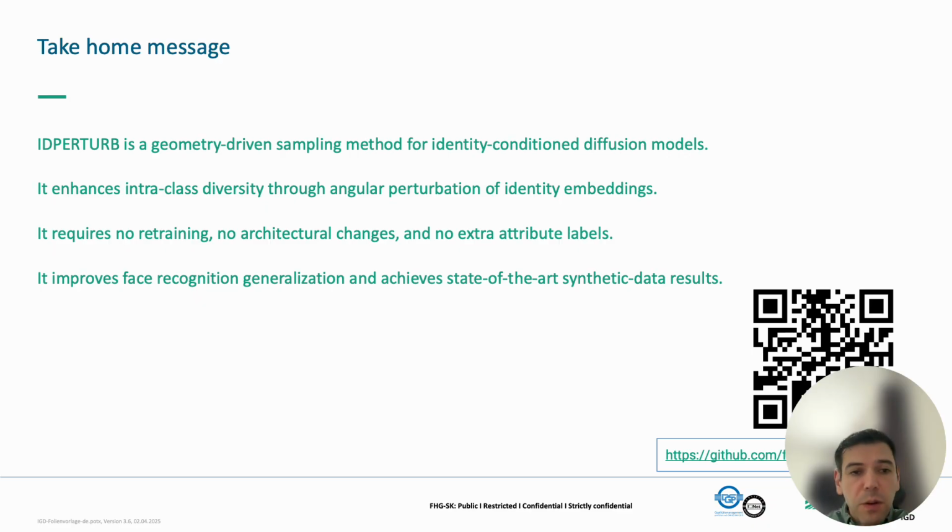Our method does not require any retraining or special architecture design, and it can be integrated with any identity-conditioned diffusion model. In comparison with the state of the art, our approach enhances state-of-the-art results on most of the considered benchmarks.